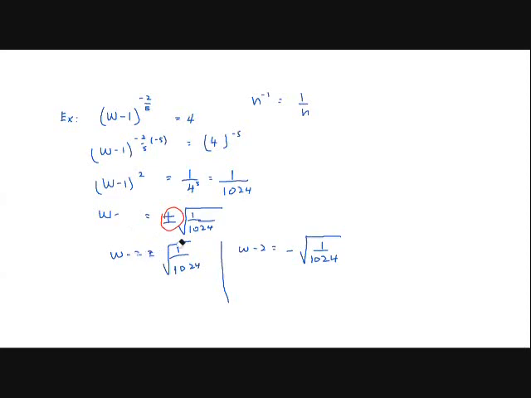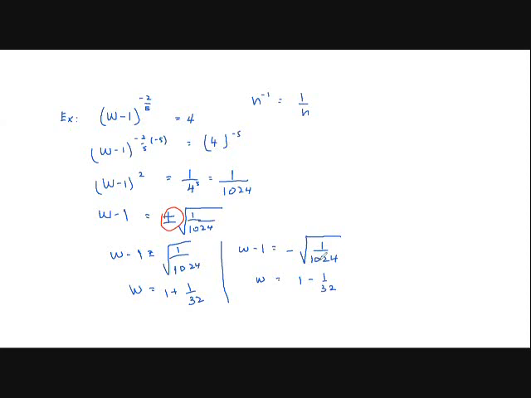Now you just move negative 1 to this side, and this one also. So 1 over 32, and this one is going to be 1 minus 1 over 32.